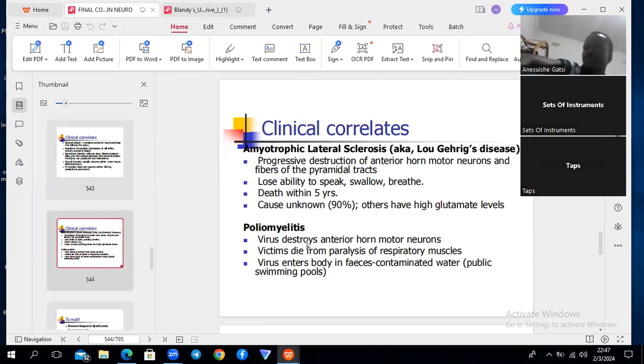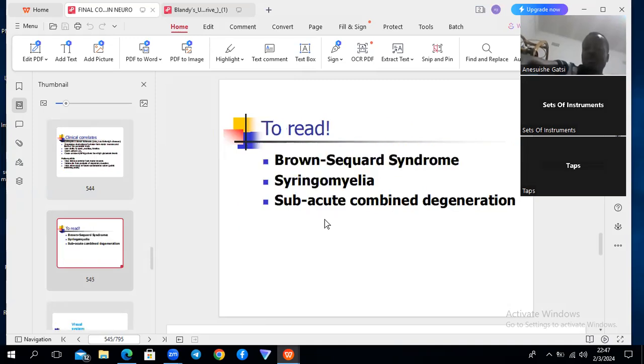Poliomyelitis, in the previous tutorial, I said that it destroys the anterior horn motor neurons, giving something called anterior cord syndrome. ALS, I wouldn't want you to go much into this. These are more clinical things, but it's also more important in physiology. I taught you Brown-Sequard. I taught you syringomyelia, which I said is central cavitation of the spinal cord.